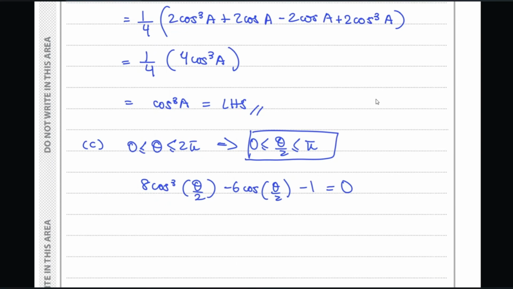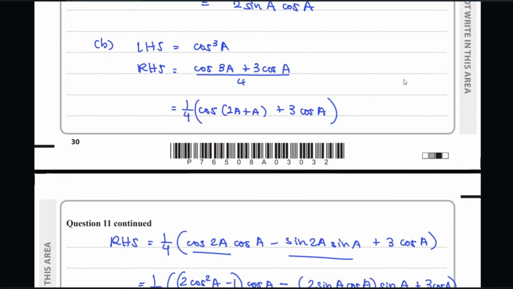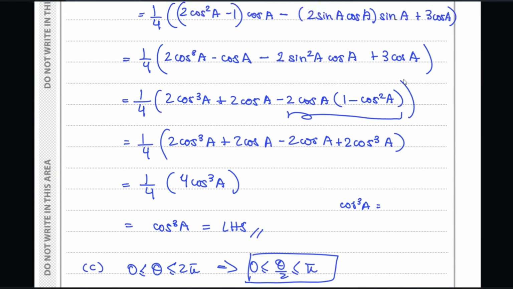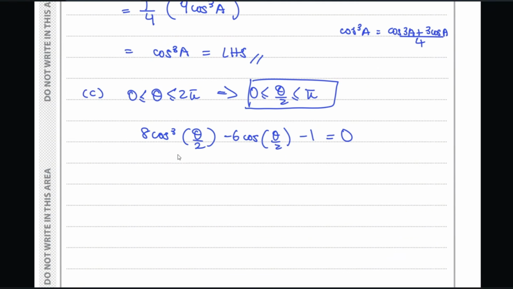So we had this: cos cubed A equals cos 3A plus 3 cos A, divided by 4. So if I want to replace cos cubed theta over 2, I can. I'll just have to substitute this. So in place of A, I'll have to write theta over 2.